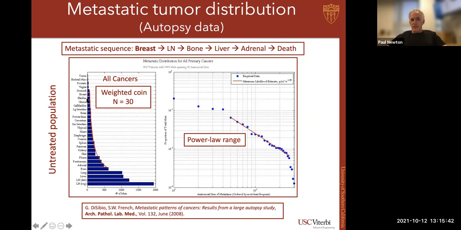And there are 30 possible sites, and this is for a whole bunch of different kinds of cancers, and I'll split them apart in a minute. But you can view this as a weighted coin with 30 different sides, and the height of this histogram is the probability of landing on each of these sides, okay?